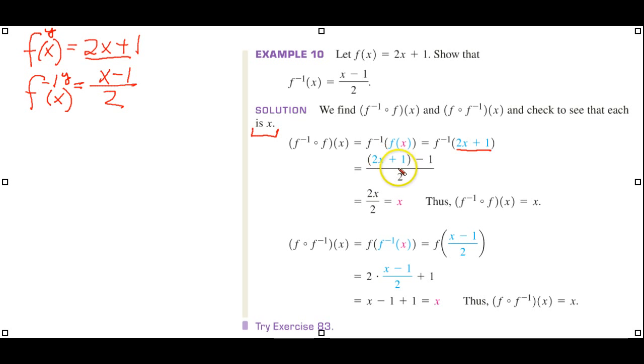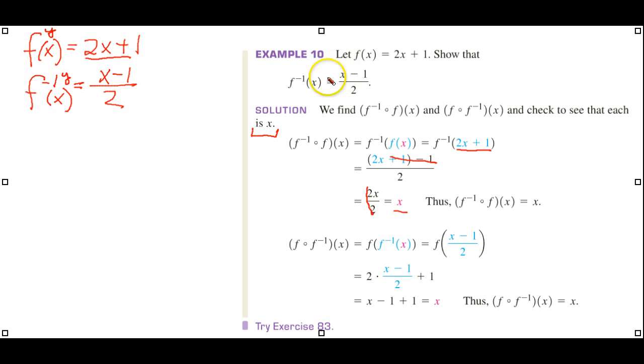Now when we do the math, we can take away the parentheses. This becomes 2x plus 1 minus 1. These just cancel out and we get 2x over 2. The 2's cancel out and we're left with x. So we've proved that this is x.